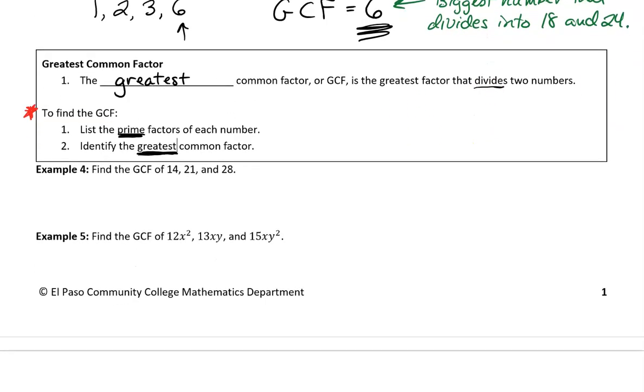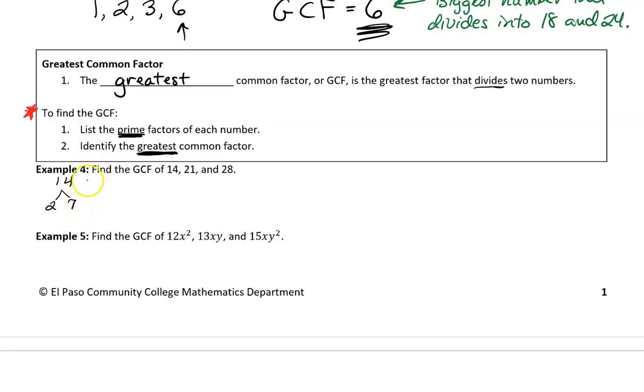In example 4, we want to find the GCF of 14, 21, and 28. So I want the prime factors of each of these numbers to start. I'm going to look at 14. I'll do a little tree here. Well, 14 is 2 times 7. And again, 2 is prime, 7 is prime. We can't factor it any further.